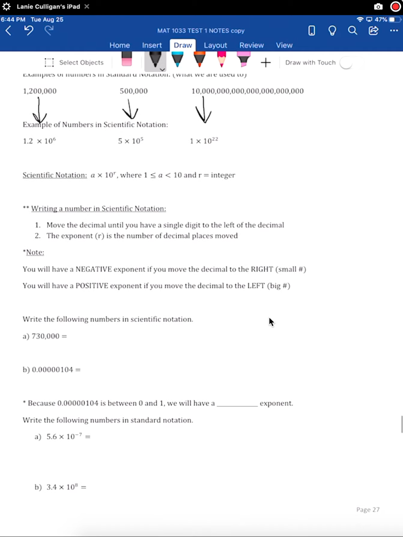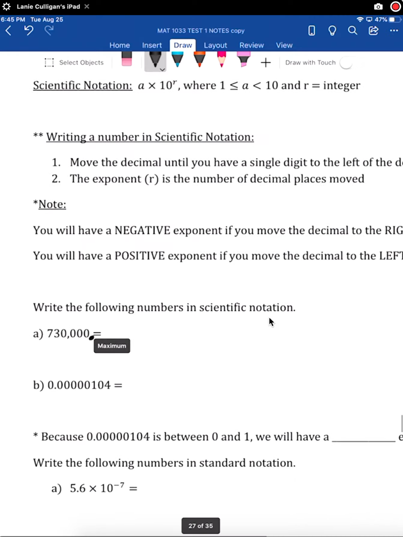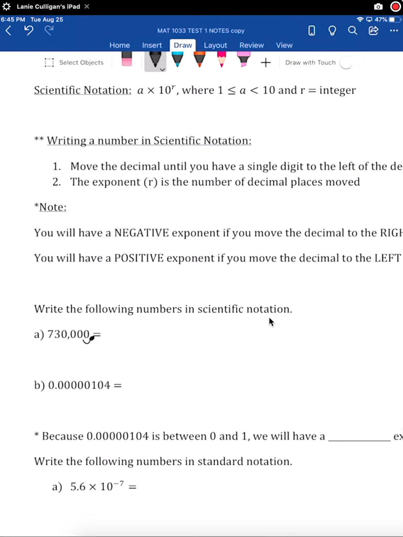Write the following numbers in scientific notation, so from standard to scientific notation. First example, 730,000. My decimal's at the very end. I'm going to move my decimal, 1, 2, 3, 4, 5 times.